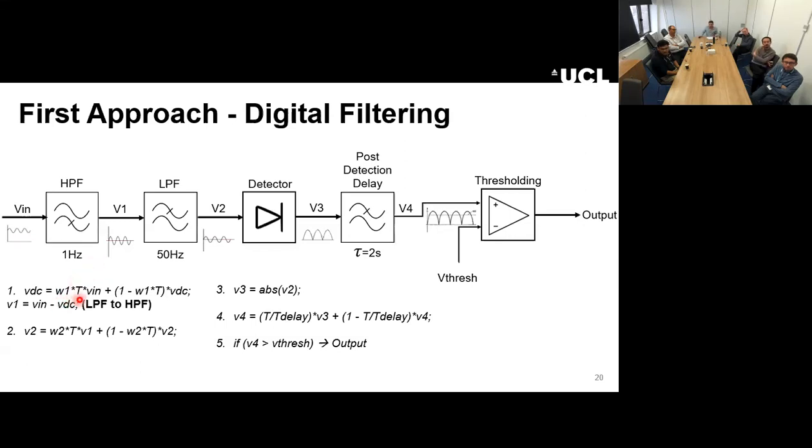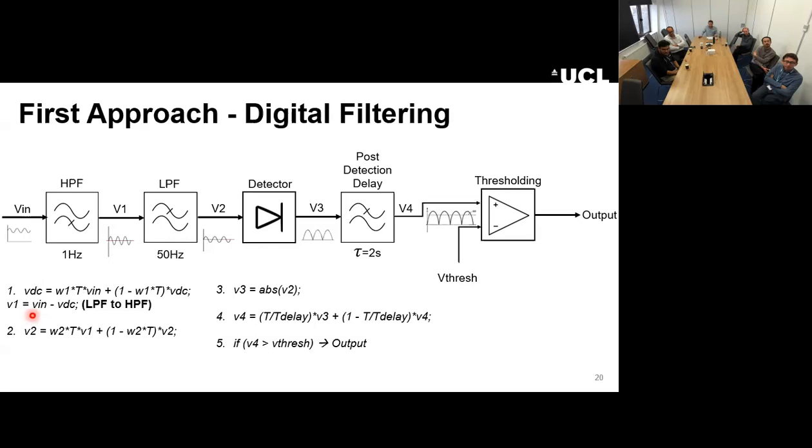And omega 1 t here, omega 1 is 2 pi times 1 hertz in this particular example, and t is related to the cycle time of the Arduino, which is the k of the filter as well.